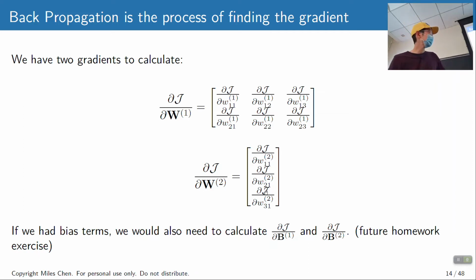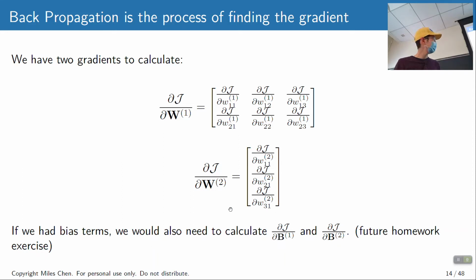And then the second gradient, dJ with respect to W2, is going to be a 3 by 1 matrix with the partial derivatives with respect to each component in W2. So dJ with respect to the first element, with respect to the second element, with respect to the third element.